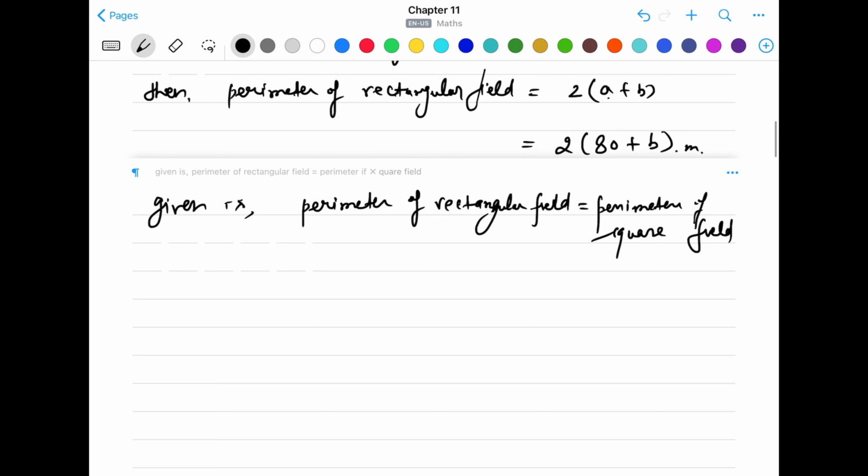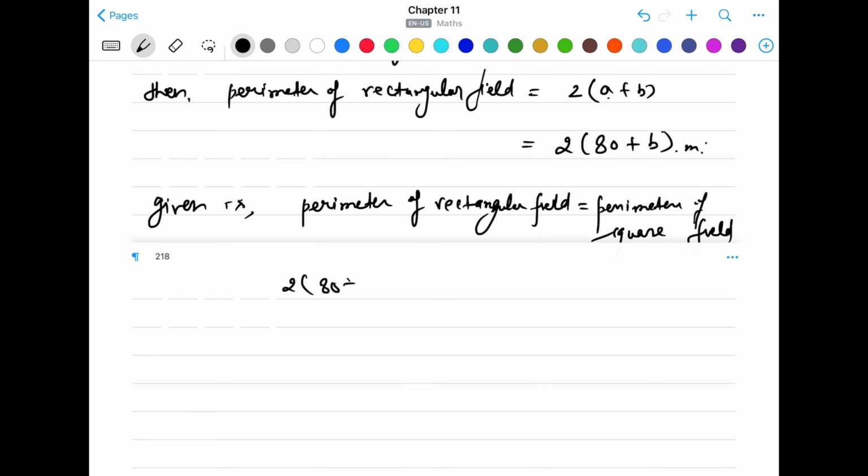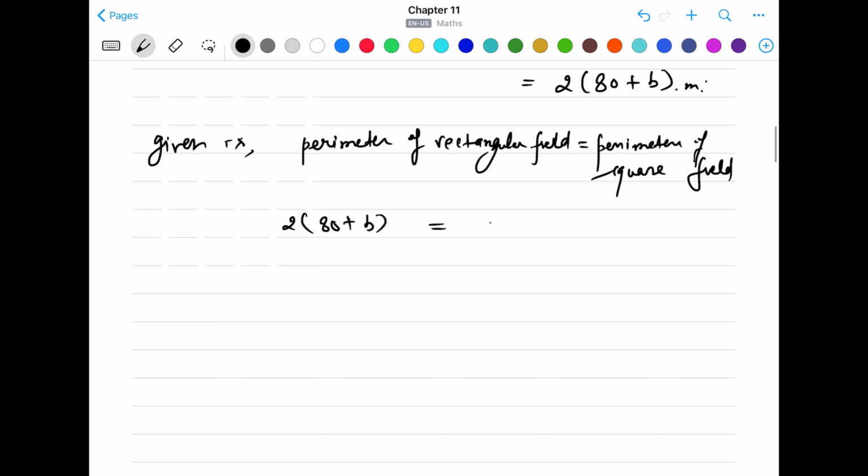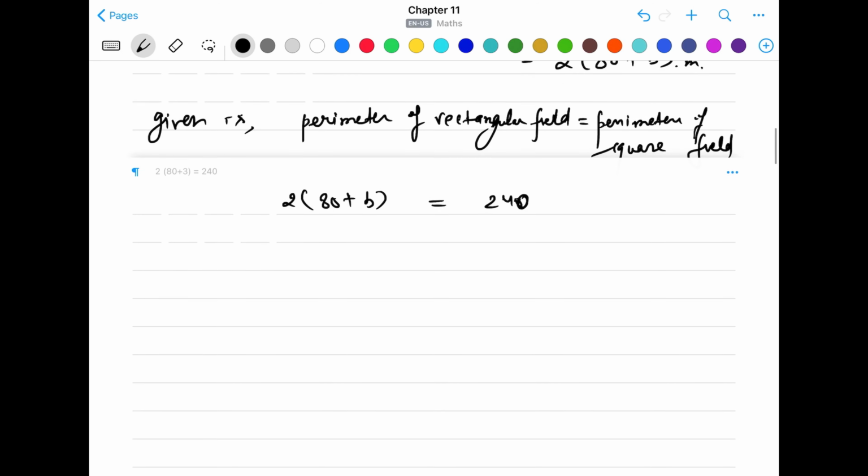That is, the perimeter of the rectangular field, from here, is 2 into 80 plus b, which is equal to the perimeter of the square field, which is 240 meter. So the equation we got here is twice of 80 plus b is equal to 240. Now let's solve this.